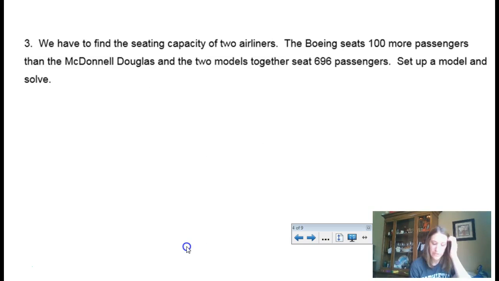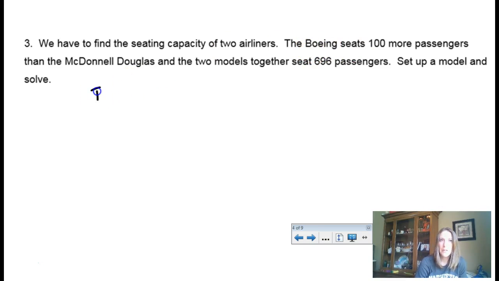Next question is interesting. It's about 2 airliners. The Boeing seats 100 more passengers than the McDonnell Douglas, and the 2 models together seat 696 passengers. So we're going to set up a model and then we're going to solve it. Okie dokie. If I look at all my information here and map it out, I'm going to set up a system of equations.